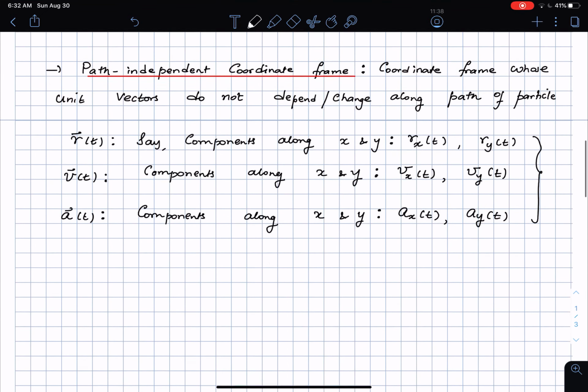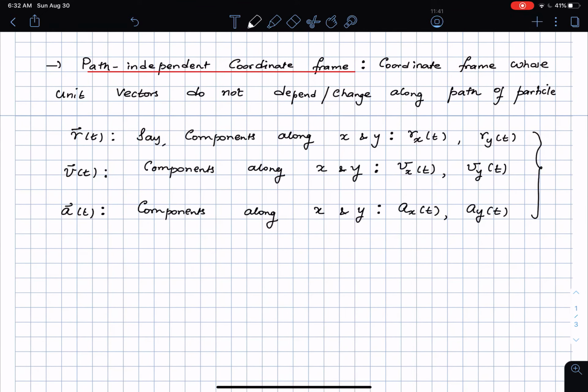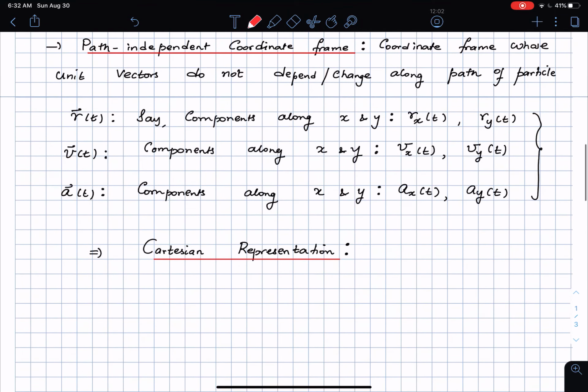Okay, so if that is the case, then from the Cartesian representation, the position vector, as you know, if you have a component along the x-axis and a component along the y-axis, any vector is its magnitude times its unit vector.